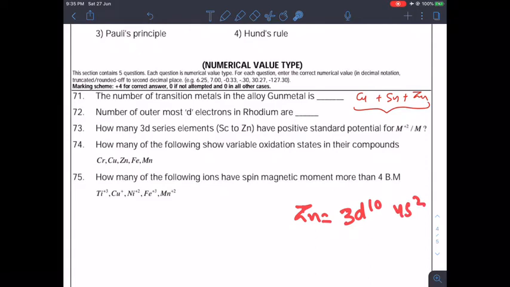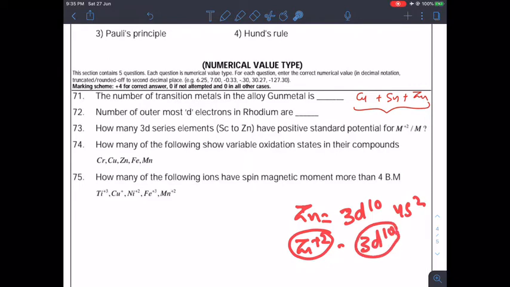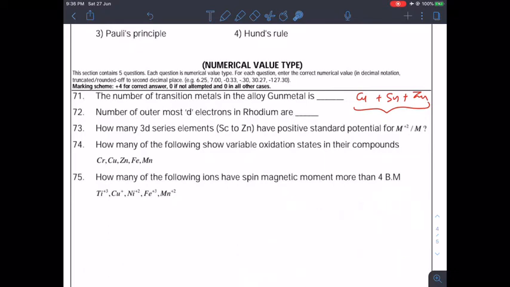You know that the only ion that exists for zinc is Zn plus 2, and in that case we have D10. So this is non-transition. Like Zn plus 2, any cation which is the only cation and has completely filled D10, or D0 also, will be considered as non-transition.